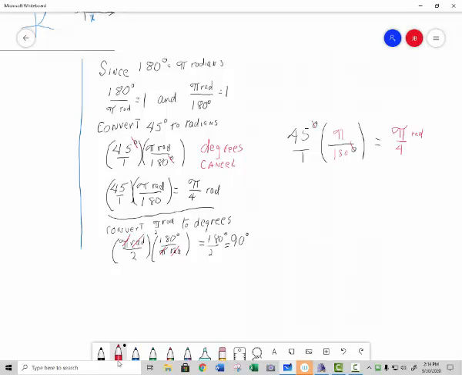Likewise, if I have pi over 2 radians, and again, I'm going to put that over 1, and I'm going to multiply it by something. And I want that something to have radians down here, because I want the radians to be able to cancel. Well, what's the ratio?